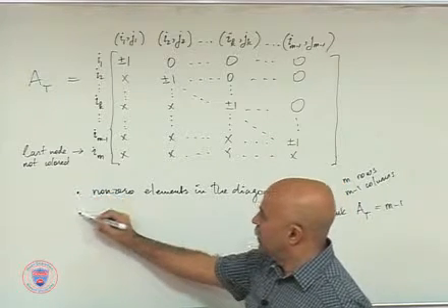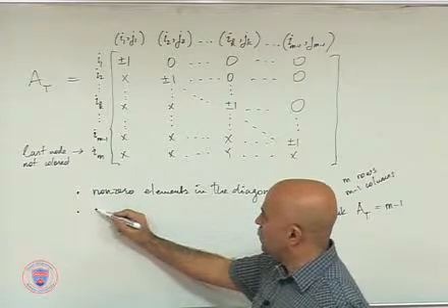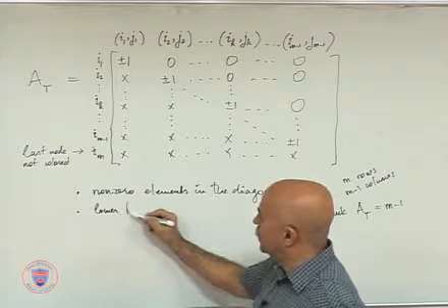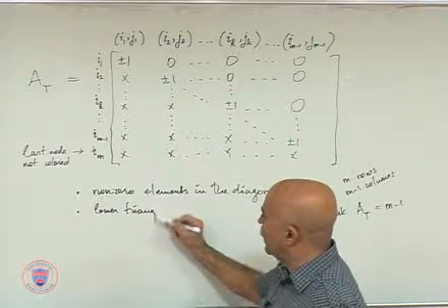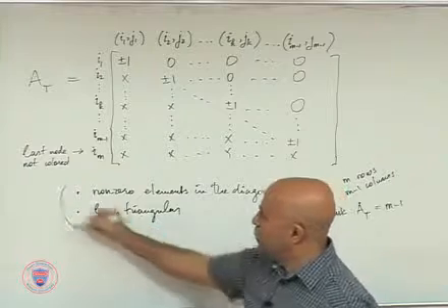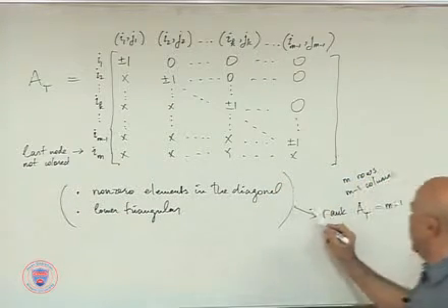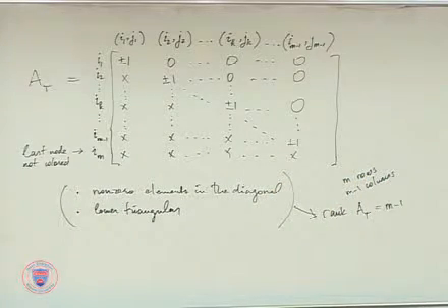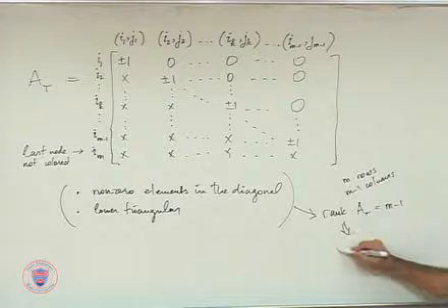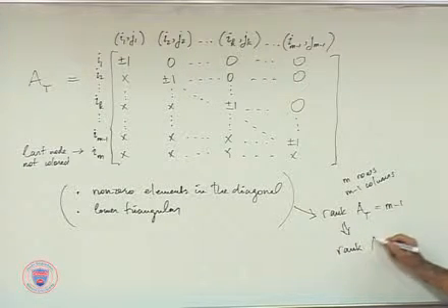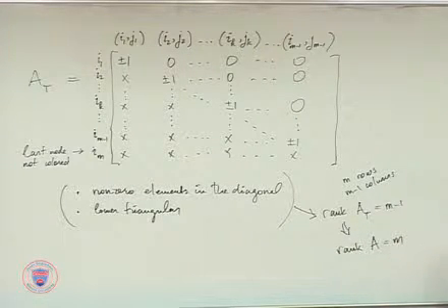So, and the matrix is lower triangular. So these two imply that the rank is exactly m minus 1, which implies, of course, the rank of A is also m, because it's a submatrix of A. Okay?